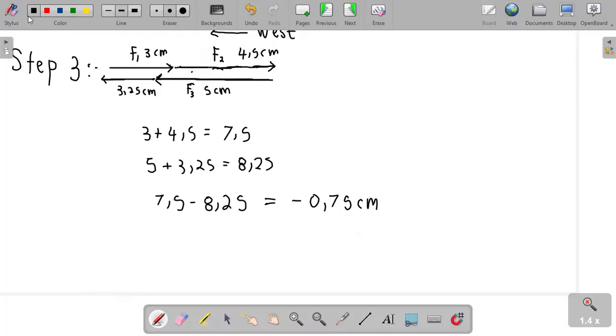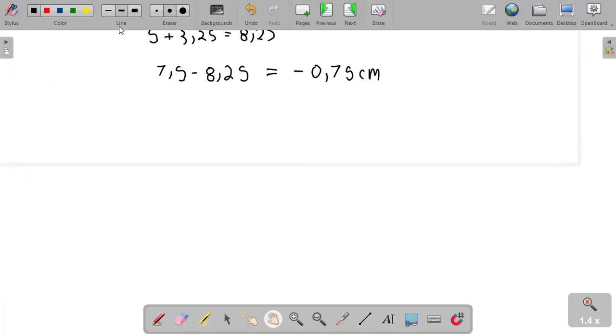Then the 0.75 should be converted. We use the scale: 1 centimeter equals 20 newtons. So 0.75 will be equal to how much? We multiply, and it's going to be 15.